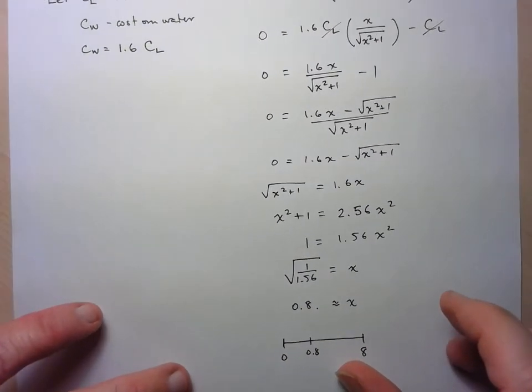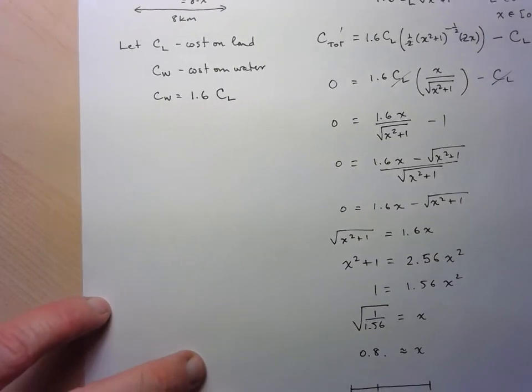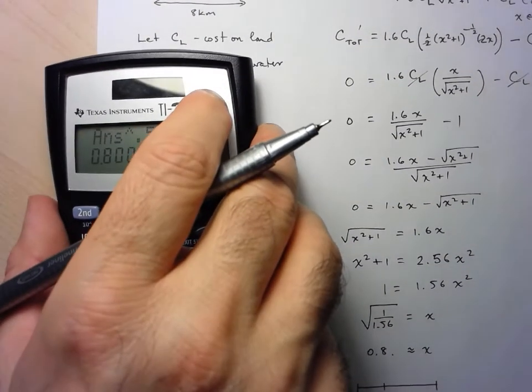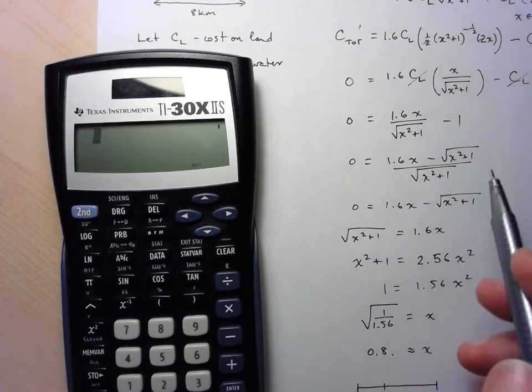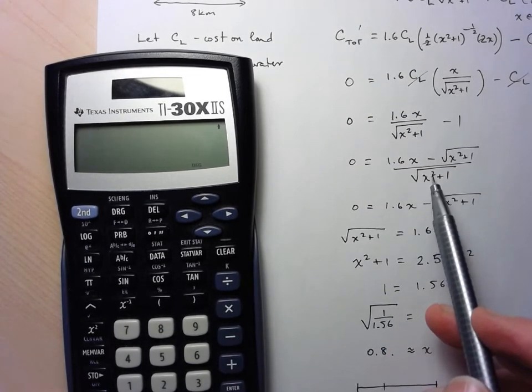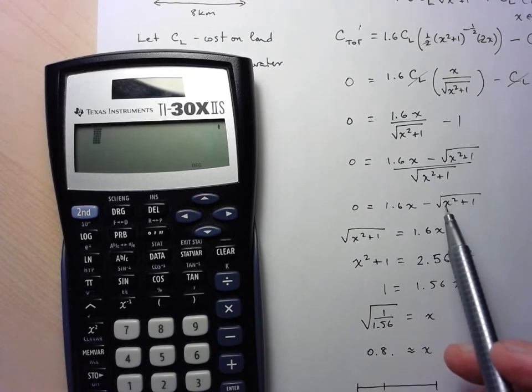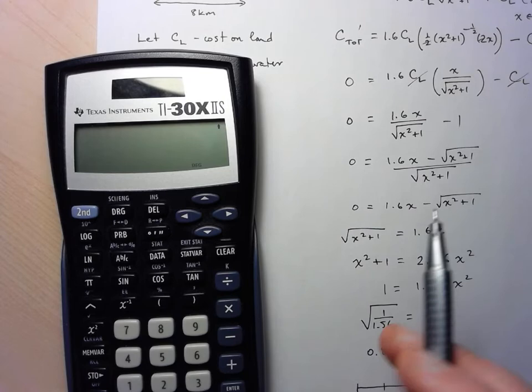Okay, so let's take the derivative function here. Since I'm only interested in the sign, let me work with this expression here, because I notice what I had in the denominator is always going to be positive. So let me put in 0.5.